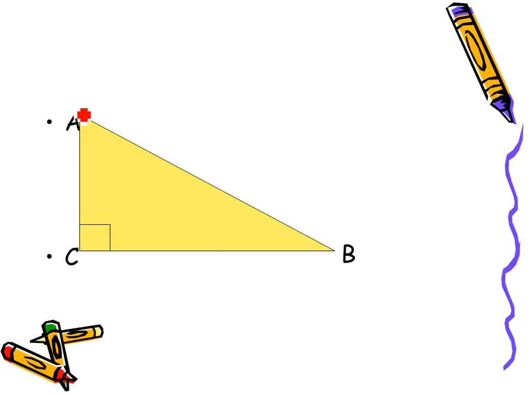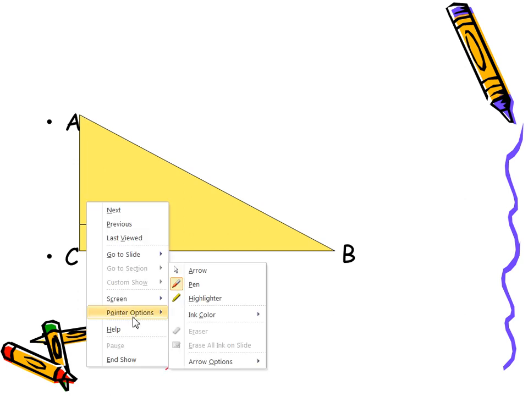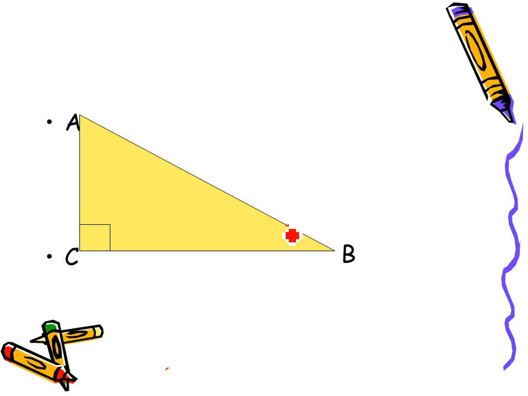Watch. If you're dealing with a right triangle, let's say we want to deal with angle B. Maybe they tell us what angle B is, and that's the angle we want to deal with. Then if you're using sine, cosine, or tangent, the trig ratios, what you need to do is come in here and label it.